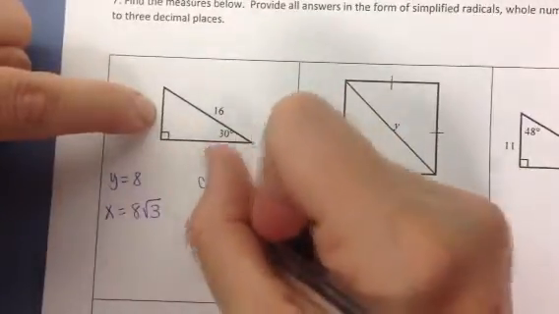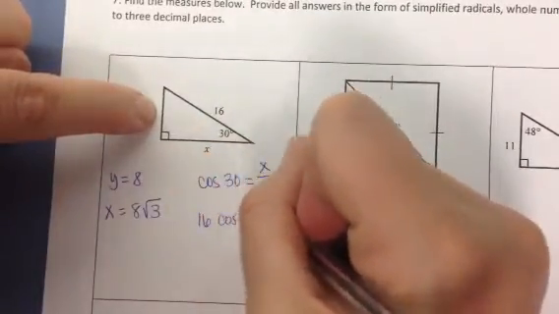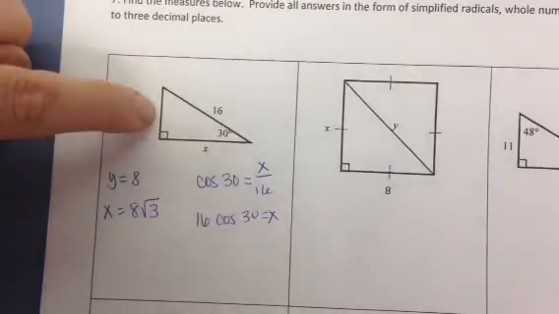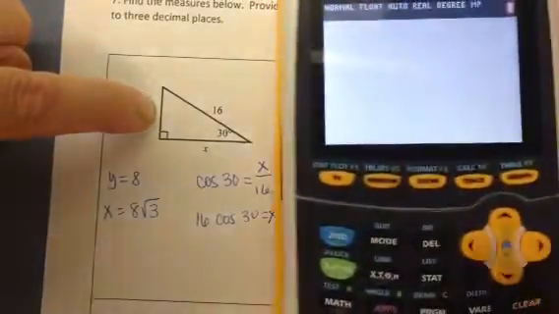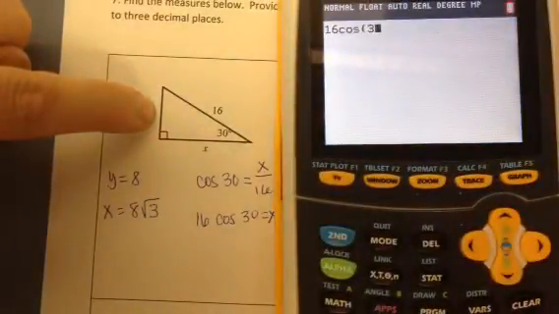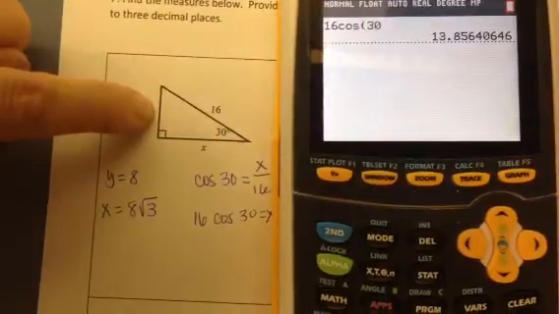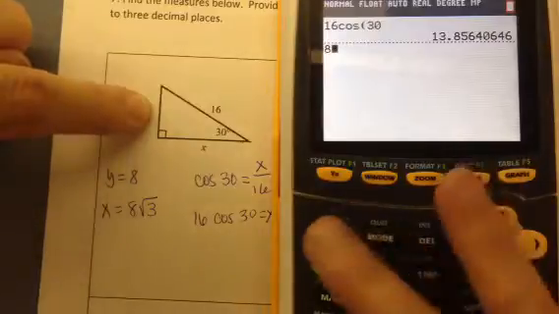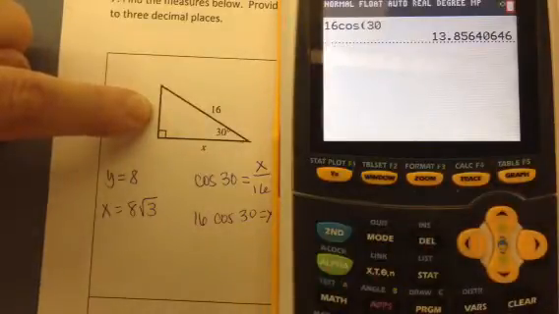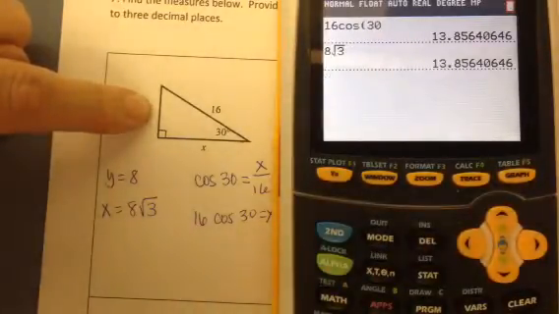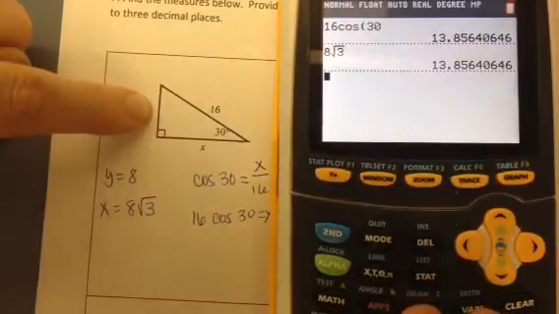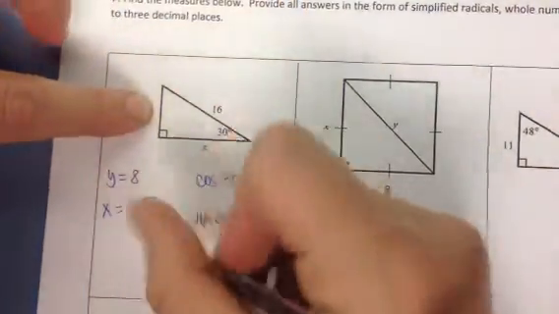So 16 times the cosine of 30 equals x. And if you type that into your calculator, 16 cosine 30, you get 13.856 if you round. And if you type in 8 times the square root of 3, you get the same exact number. So we're going to round this to 13.856.